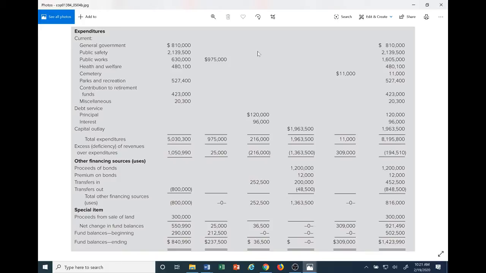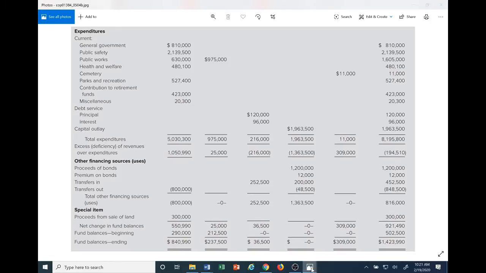So we issued debt for the bonds. If you recall, it was 1.2 million. Remember, we had a premium on the bonds of 12,000. Remember, transfers in of 200,000, transfers out of the general fund, and out of the one here. This would probably be our capital projects fund. And one thing I do want to point out that I didn't.